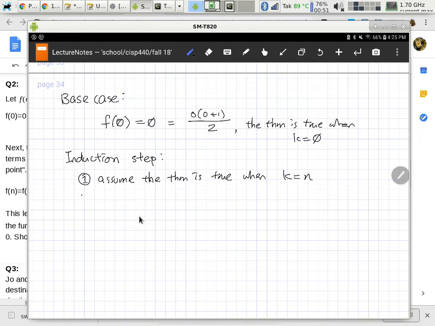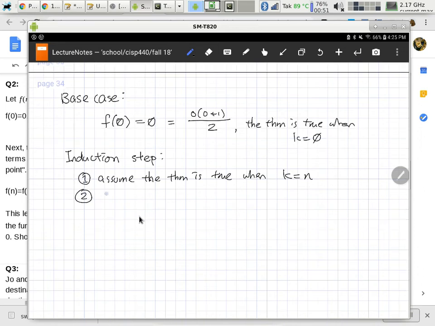The second subpart of the induction step is to say, prove the theorem is, I'm going to emphasize, also true when k equals n plus 1. So the assumption is basically stating this.